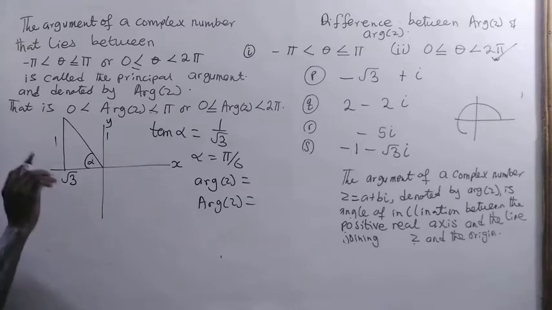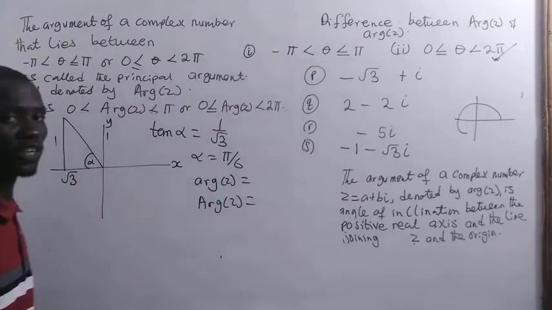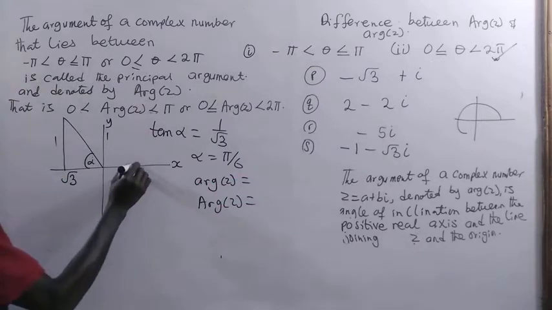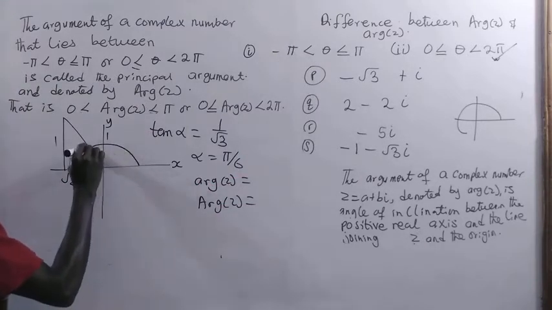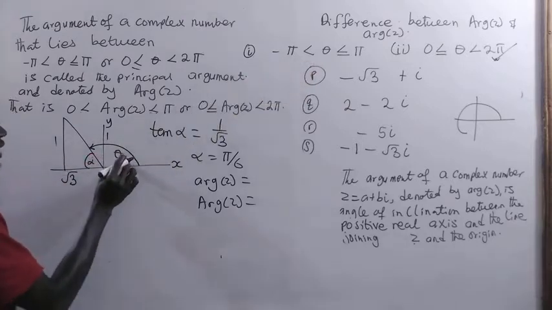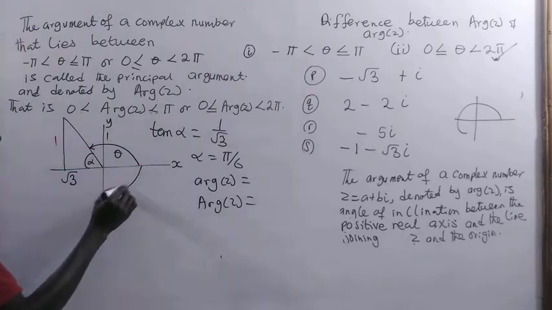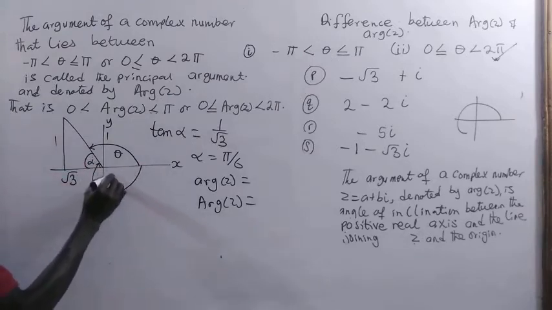So we have this interval and we have this interval. We are going to use both of them so that you understand. If we are using this interval, that is this one, you measure theta here. But if you are using this interval, you measure theta here.